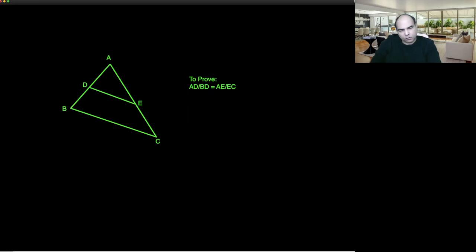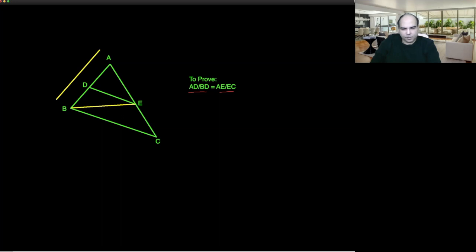So when you want to think about AD by BD and AE by EC, these two side ratios or length ratios, one of the ways you can think about this is that if you actually look at this line segment AB, it is the source of two triangles, the triangle ADE and the triangle BDE.